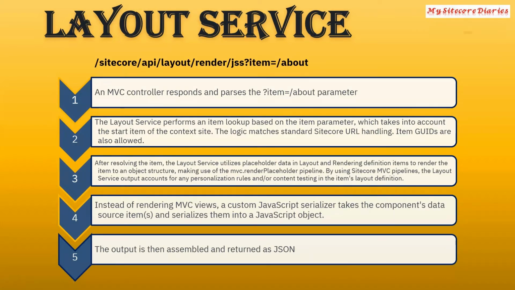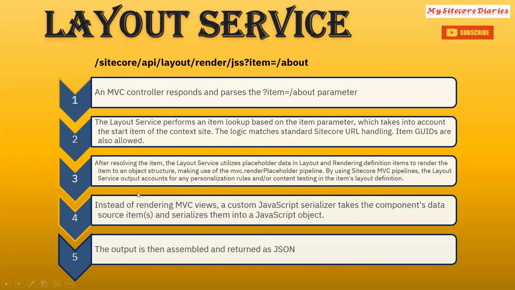It finds the layout, which placeholders are used and which renderings are used, according to the rendering definition, and creates the object structure using the MVC render placeholder pipeline. Now it's the same thing that happens in your Sitecore MVC.